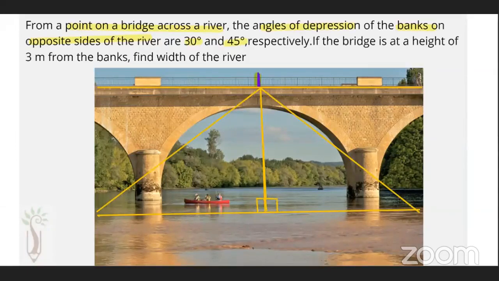Okay, which side, the left or the right, should I show as angle 30 degrees? Gaurav, left or right? Which should I show as 30° angle of depression? Right side.